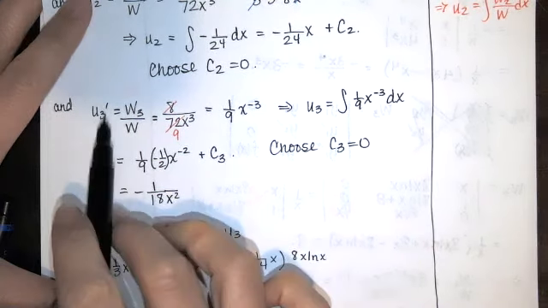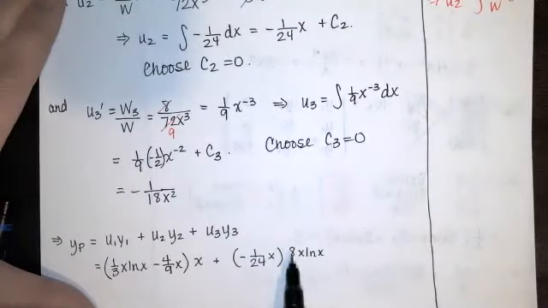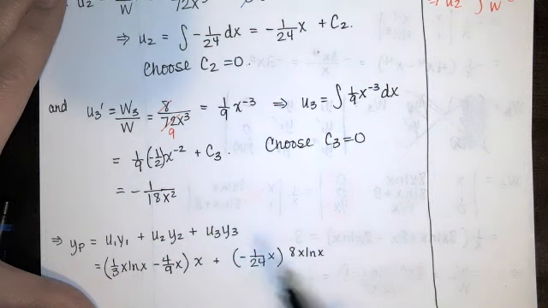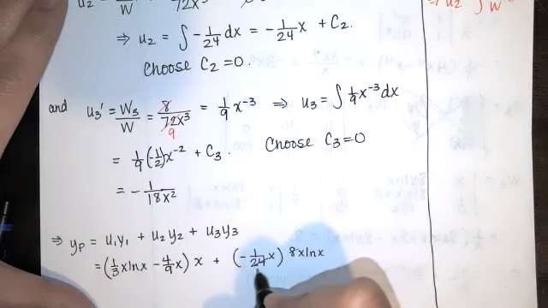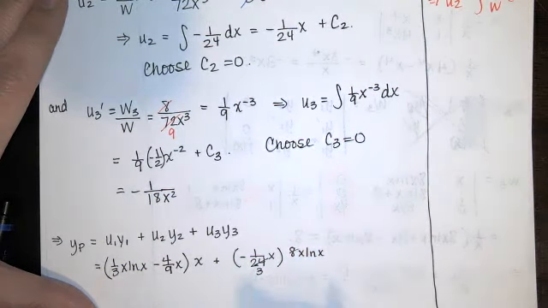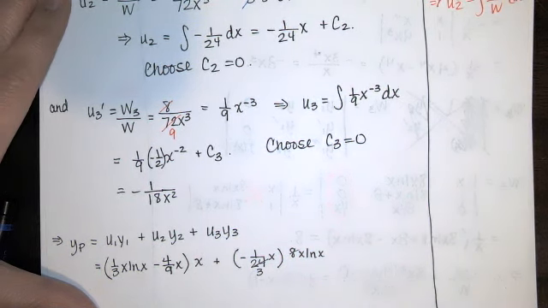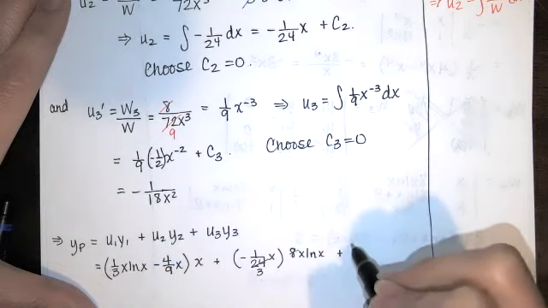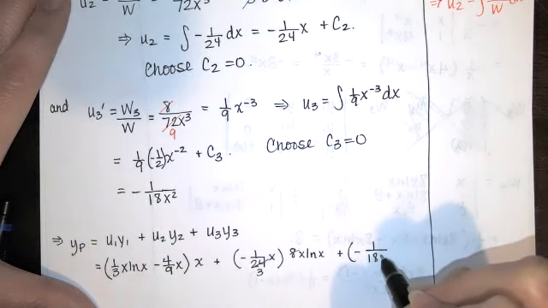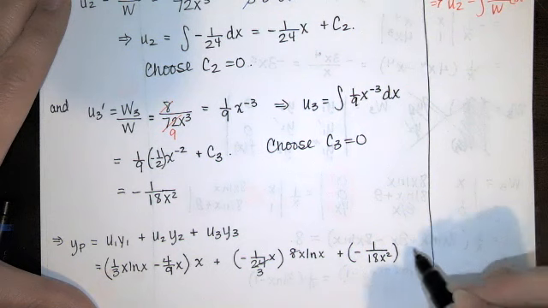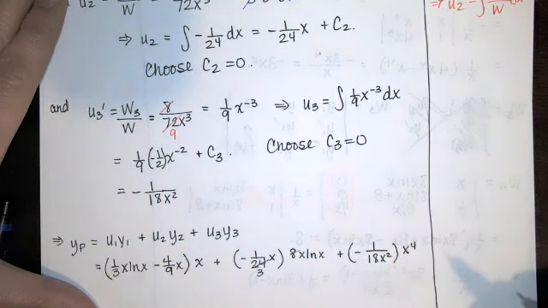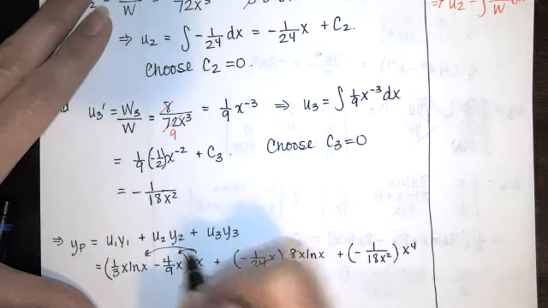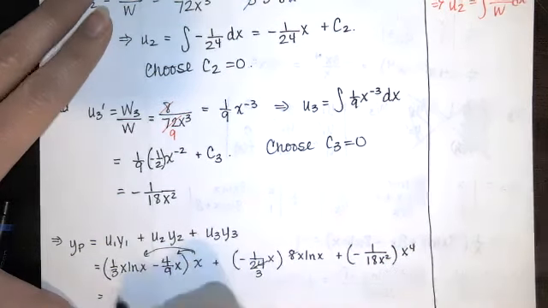Do you see how the 8 from the w cancels with the 8 from the y2? So you end up with negative 1/3 x times x natural log of x anyway. You end up in the same place. So that's the point. And then for u3, we have this function, and we're multiplying it by y3, which is x to the 4th. Now we'll do a little bit of distribution, simplification, and see what we get.